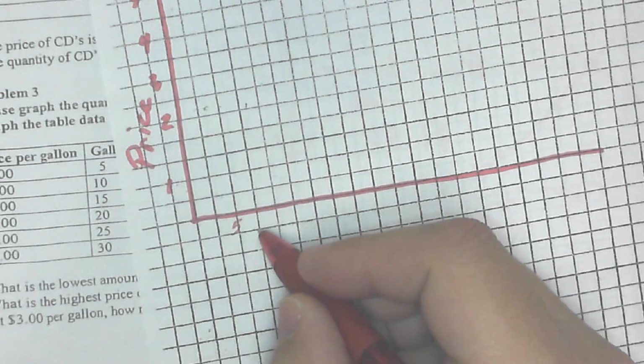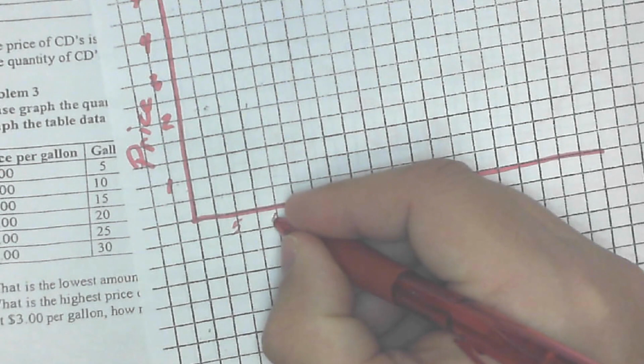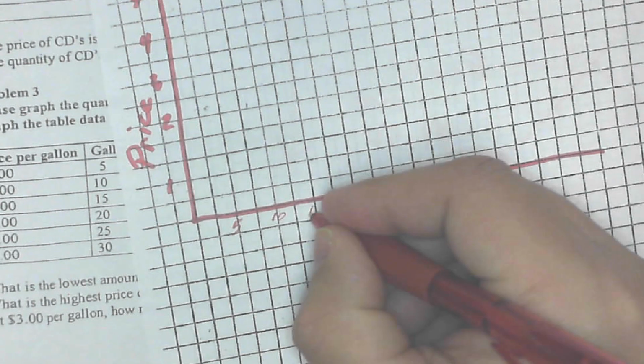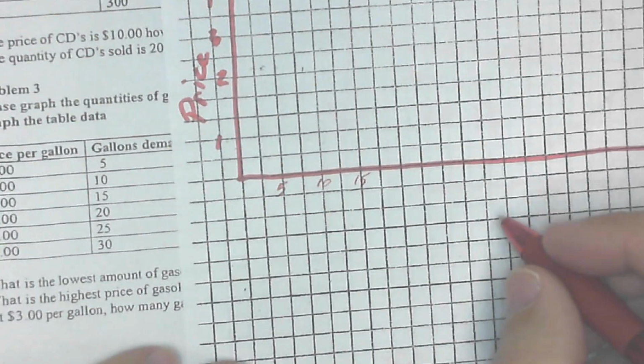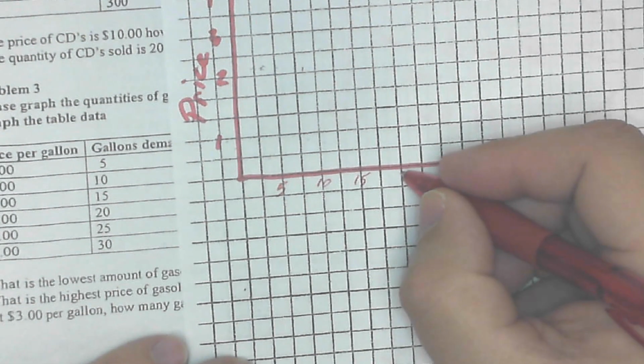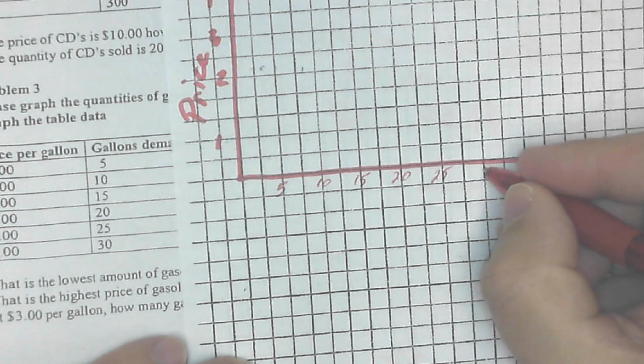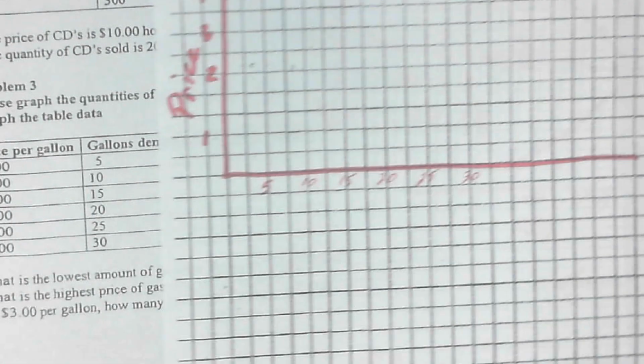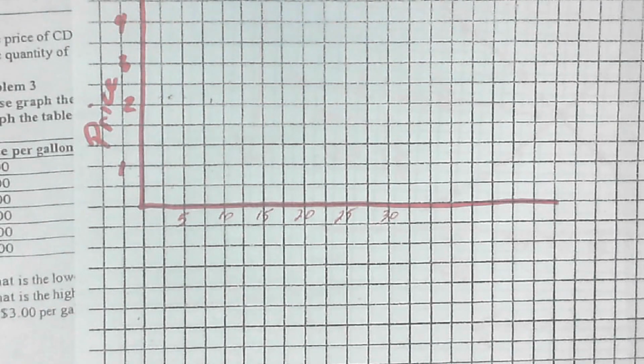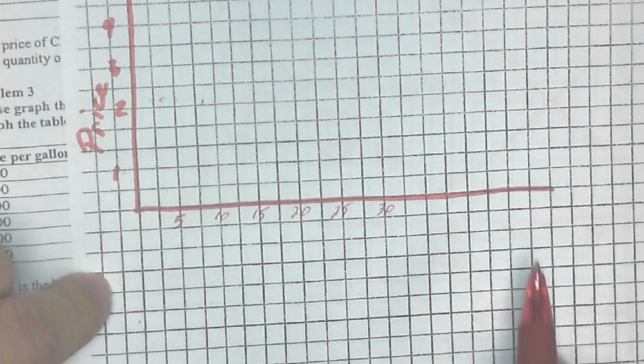See, 5, 10, 15, 20, 30. Like I said, I've got plenty of graph paper, so if you think you got it too big, that's okay. I probably could have spread my bottom line out a little bit more.